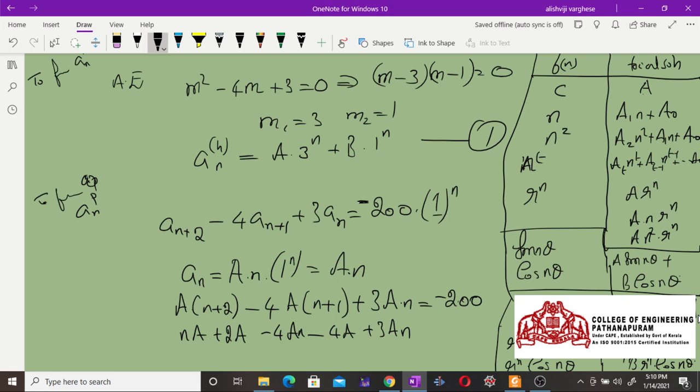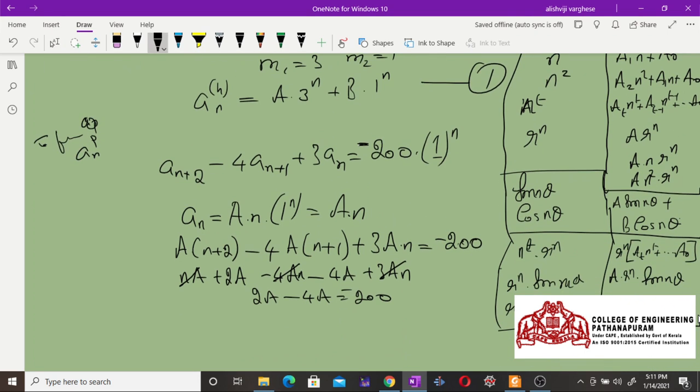So here plus 3An minus 4An, this will get cancelled, and what remains is 2A minus 4A is equal to minus 200, and from here 2A is equal to 200, or A is equal to 100.